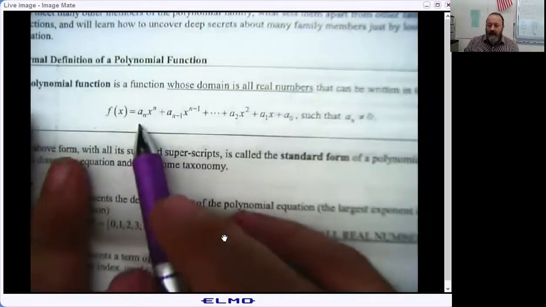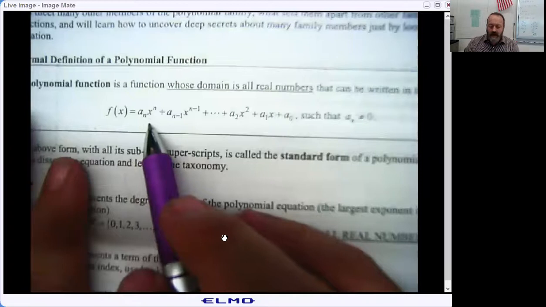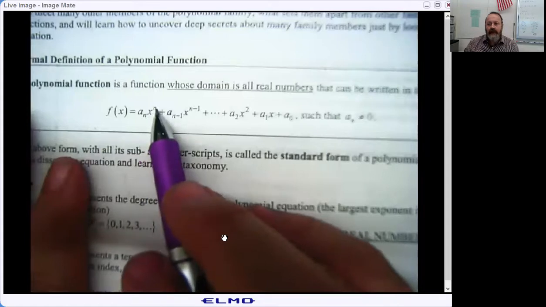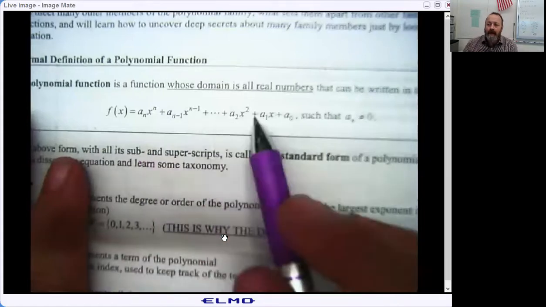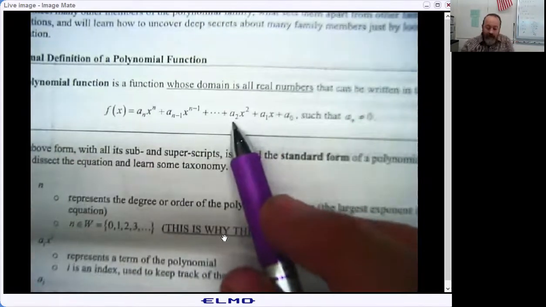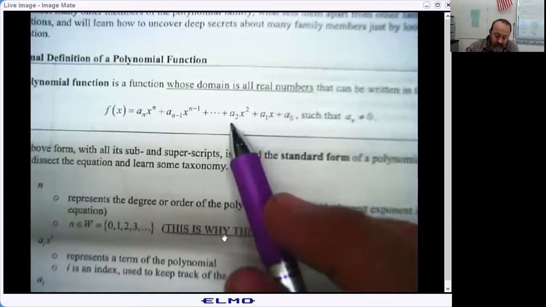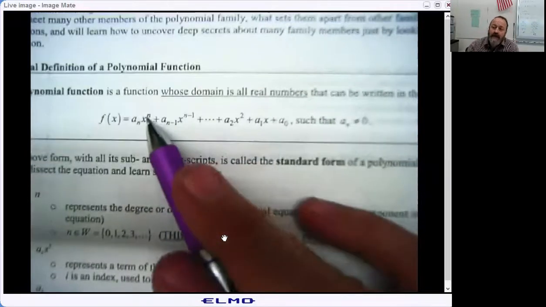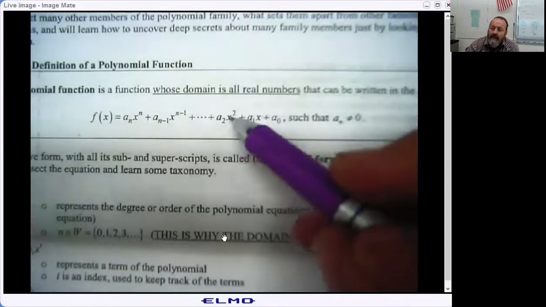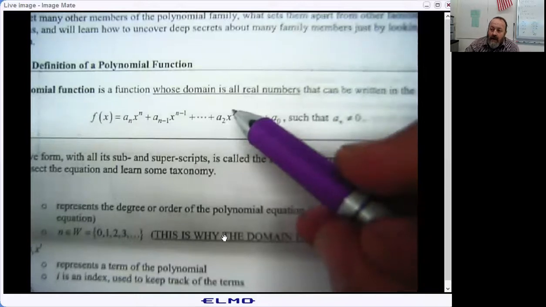Now, as we break this thing down, this is the way mathematicians choose to write it. The subscript you'll notice right here, this little n, just means it goes with the term that has an exponent of n. Notice there's an exponent of 2 and a subscript of 2. In math, anytime you have a subscript, it's like a name, like Jill and Bob and Susie and Julio and Juanita, and you go down the line through all of these names, but the name matches the term that it goes with.